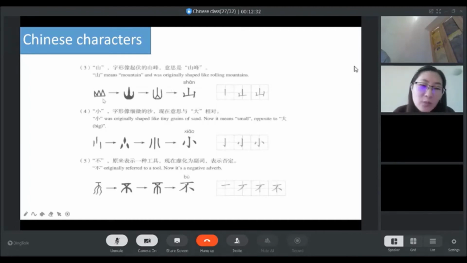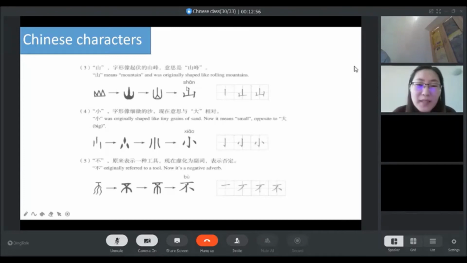For example, this one means mountain. In the ancient traditional Chinese language, it's written like this. 3,000 years ago, it's written like this, and later it came to this form, and later changed to be this. And nowadays we use this form.